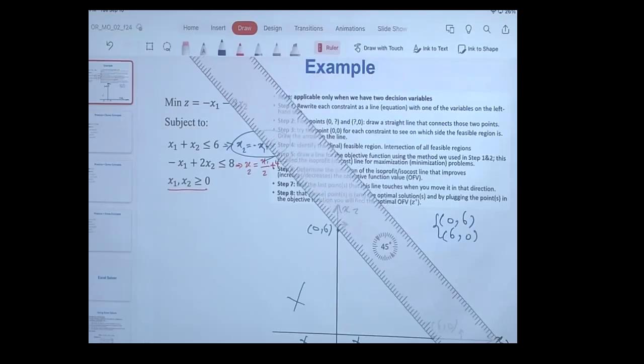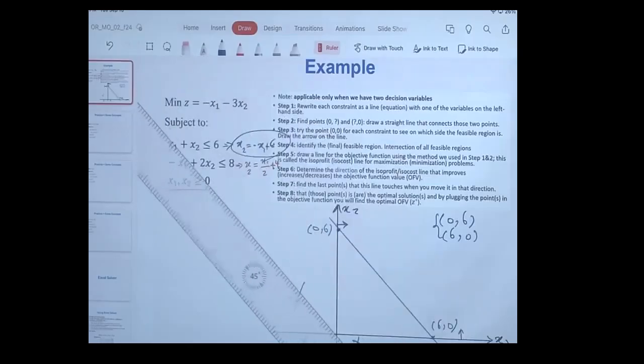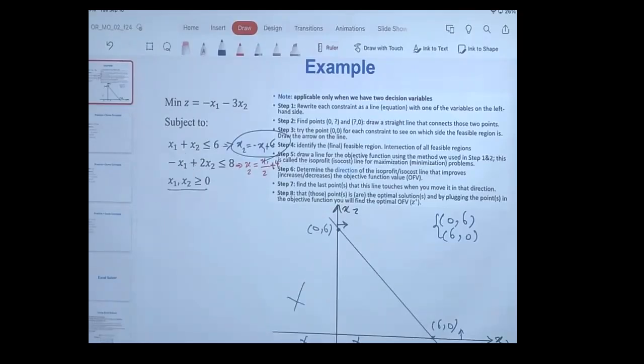So this was step 2, or 3. Next step, you need to determine the direction of the feasible region. Is it to the right side or the left side? To do that, you try the point 0 and 0. If I put 0 and 0 in constraint number 1, does it work?